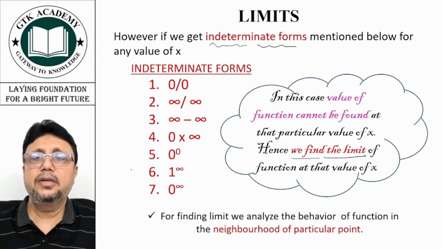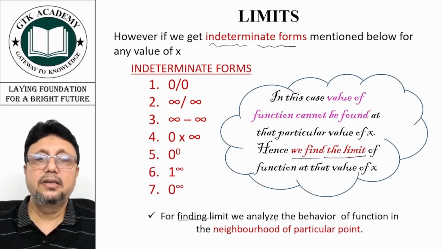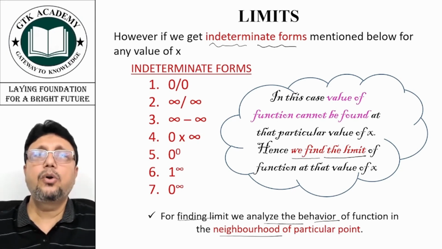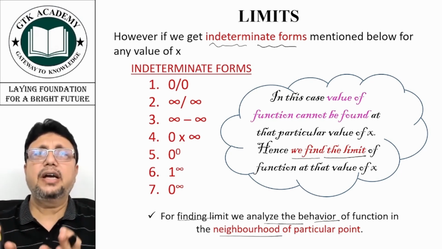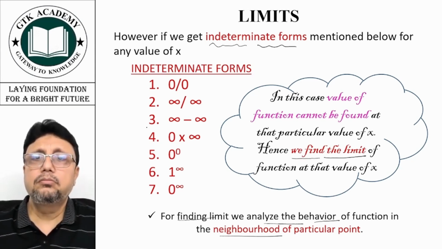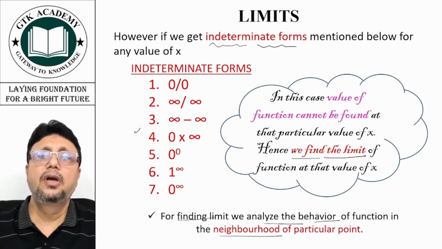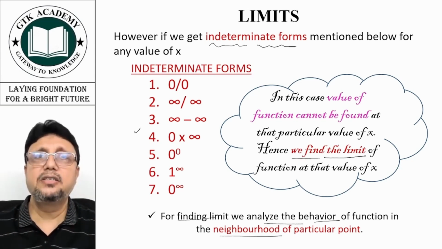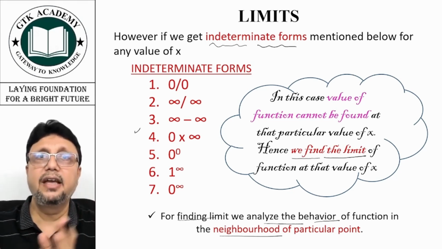For finding the limit, we analyze the behavior of the function in the neighborhood of that particular point. For example, at a particular value of x, say a, we get an indeterminate form, any of these 7 forms. Then we analyze the behavior of the function in the neighborhood of that point, that is a.